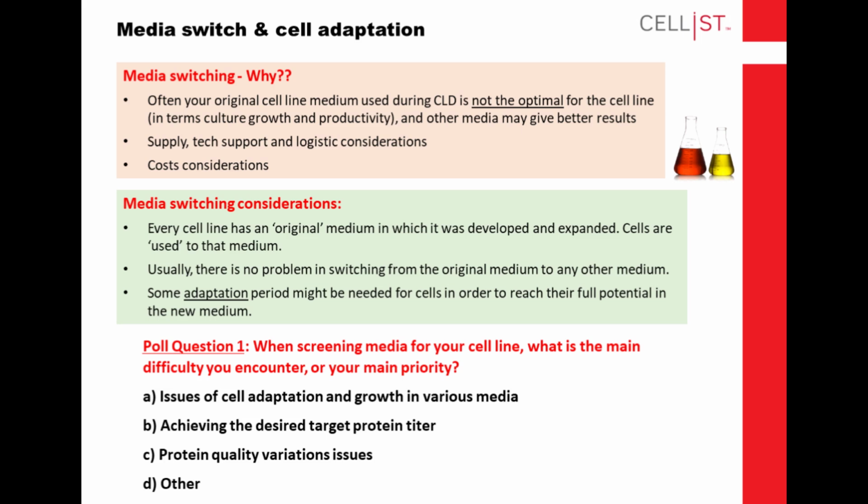Other medium might actually give better results and better titer, better productivity. There's also other consideration, of course, of supply and tech support of the company and other logistic consideration, and of course, cost consideration that makes a biopharma company just switch to another medium.